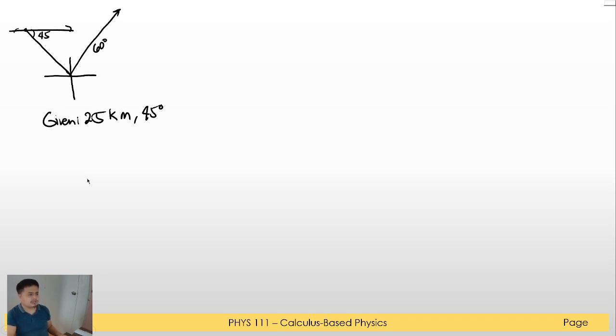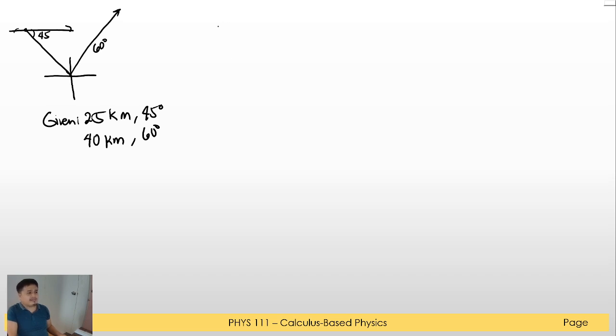Yes, 60 degrees and 40 kilometers. Okay, we could just create a vector reflecting this one, and then we just add the vectors, and that will be it. So how do we do that? We can tabulate our solution.